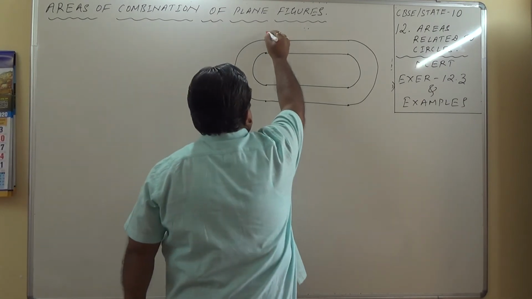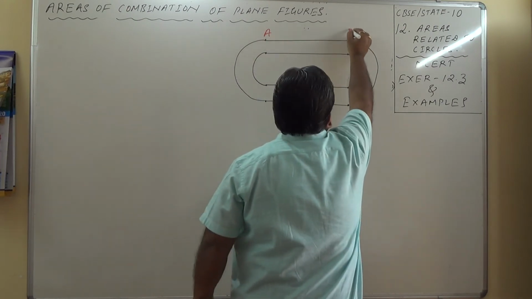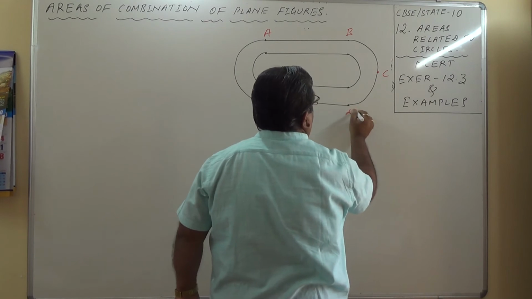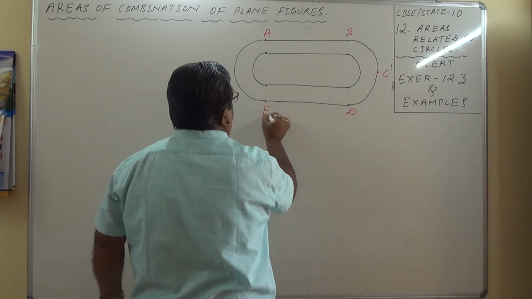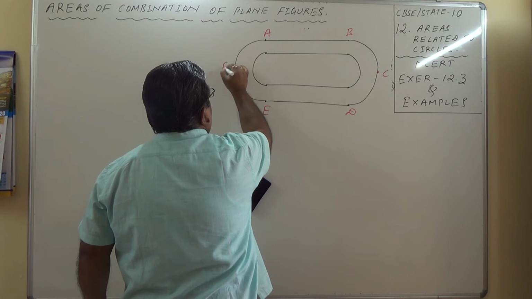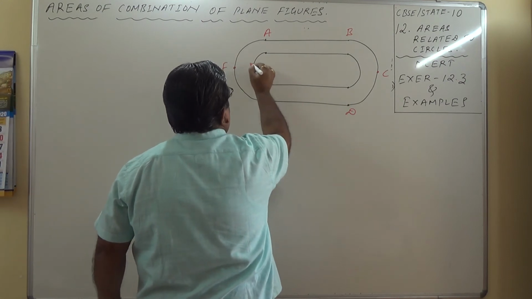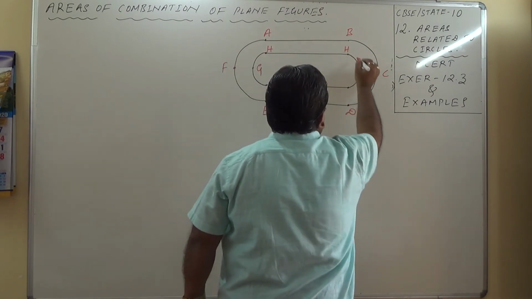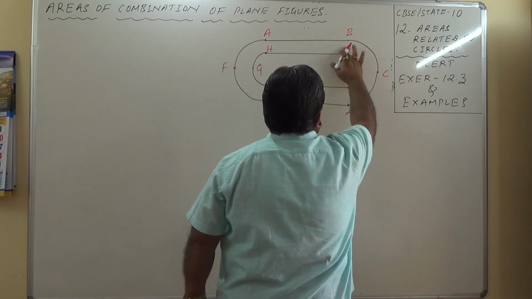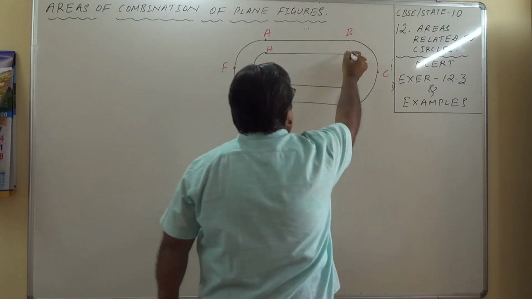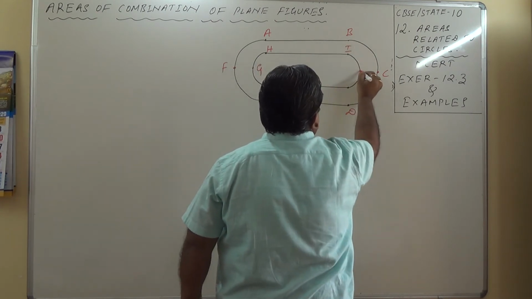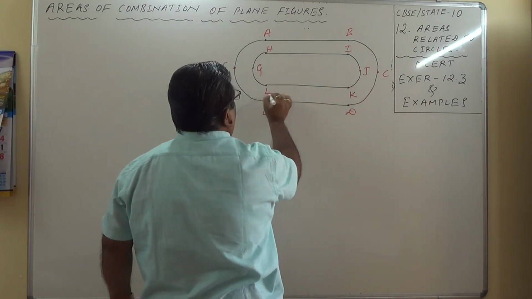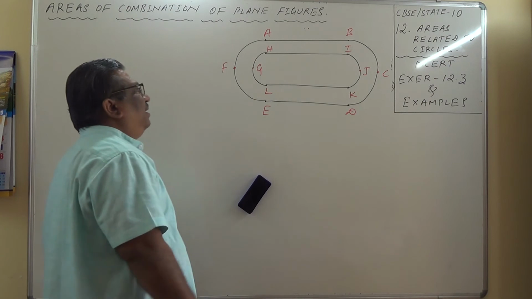I'll start from here: A, B, C, D, E, and this is F, G, H, I, J, K, and L. This is how the points have been named.